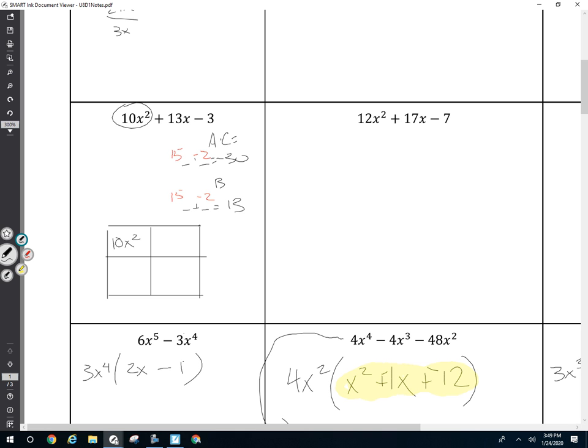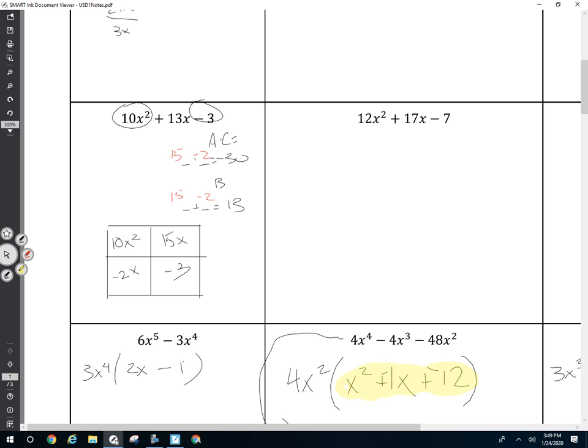We did this the alternate way in the past. We will take 13x and rewrite it as 15x minus 2x. 15x goes here, or in one of the boxes, minus 2x goes in the other one. Doesn't matter which one, honestly. You can put these in any order. The minus 3 stays. Okay?